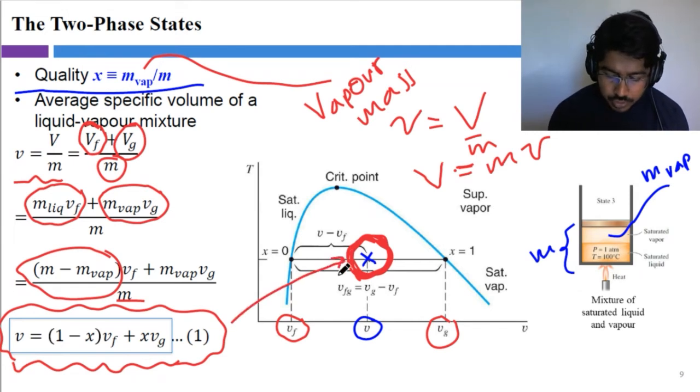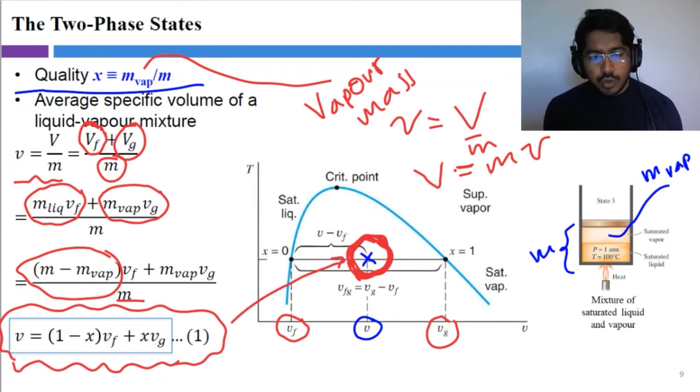So we can use this equation to represent the specific volume of this state. In certain questions, you will be provided with quality. It will say quality is 50% or 0.5, right? It can be a percentage, it can be 0.5. It's like a number, right?